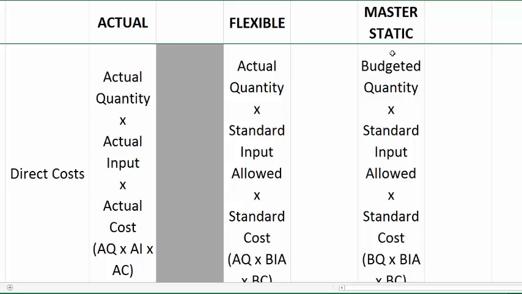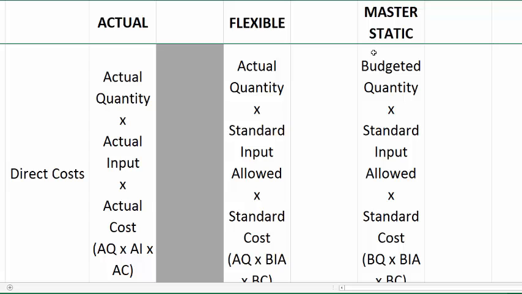So we have got our master static budget, our actual results on the far left, and our flexible in the middle. Our master static budget covers our elements that are direct cost, those direct materials, those direct labor, those kinds of items that are variable in nature in regards to producing our product or service.